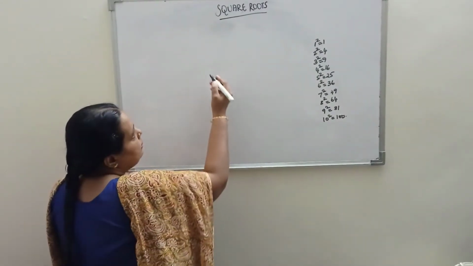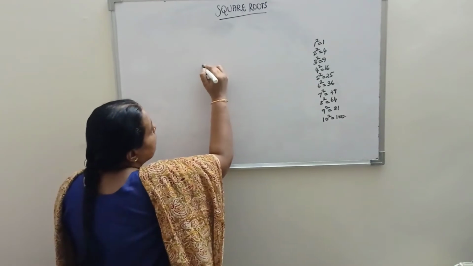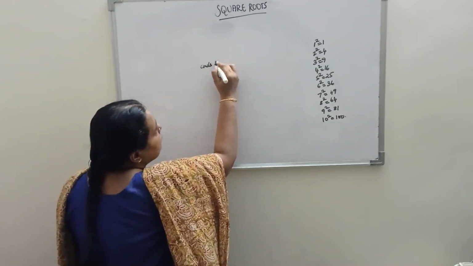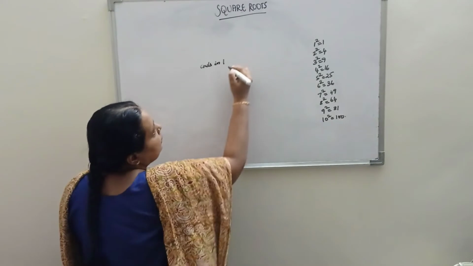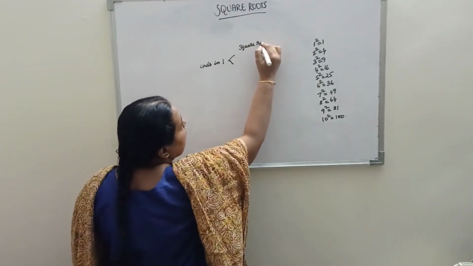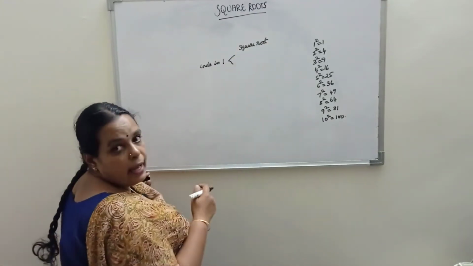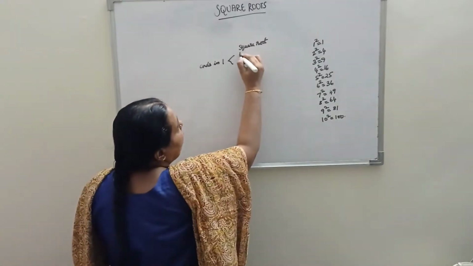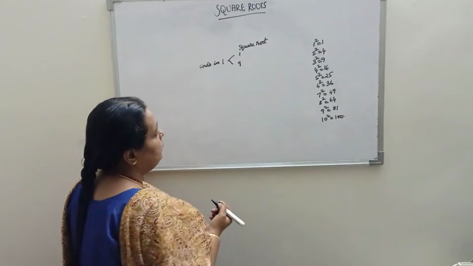First thing is, if a number ends in 1, the square root will end in either 1 or 9.